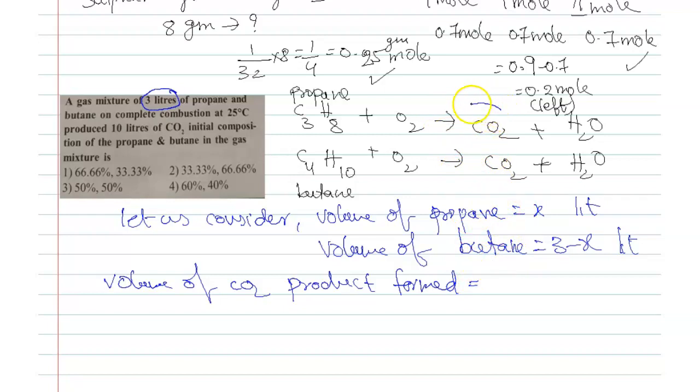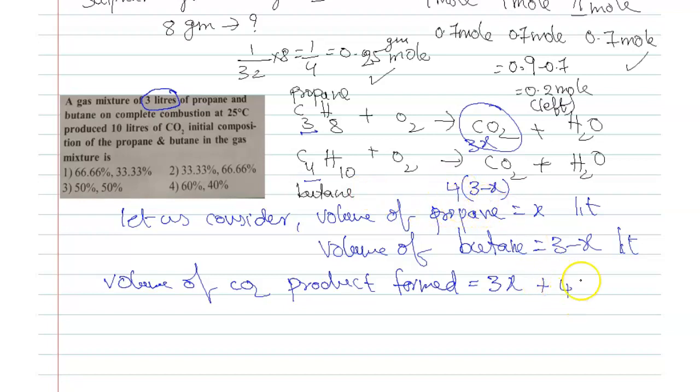in this first case CO2 is formed. How many moles? Here 3 carbons are there, so 3 into x moles. So in this case we can write 3x. What about this? Here 3 minus x moles, but here how many carbons are there? 4. So 4 into 3 minus x.